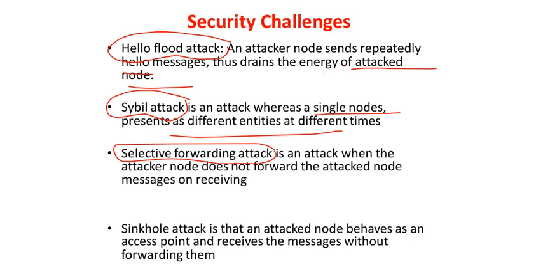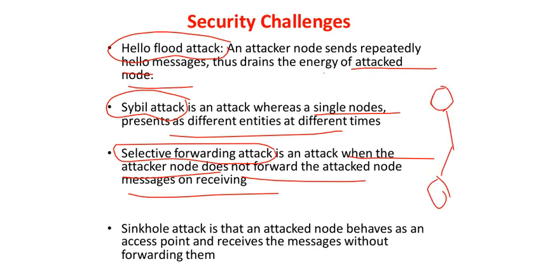It is an attack where the attacker node does not forward the attacked node's messages on receiving them. Suppose you have a mesh topology or tree topology, and some information comes to a node from somewhere; this information will not go to the next node at all. This is called the selective forwarding attack.